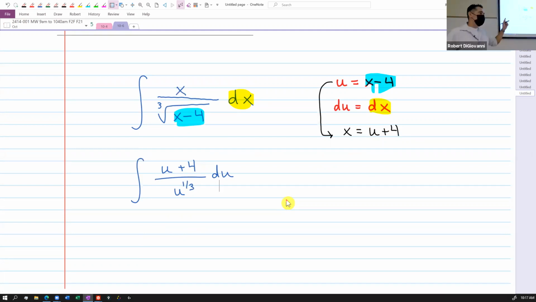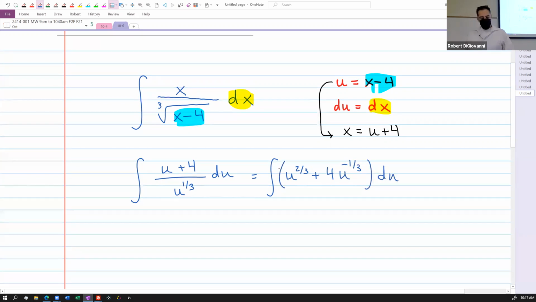You have two terms on top, one on the bottom. Just split it up into two. u to the 2/3 plus 4u to the negative 1/3. I already did the simplification. u to the first power over u to the 1/3 is u to the 2/3, and then 4 over u to the 1/3, I bring it up. That okay?